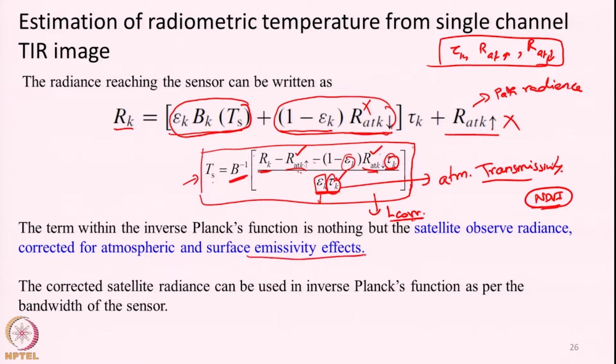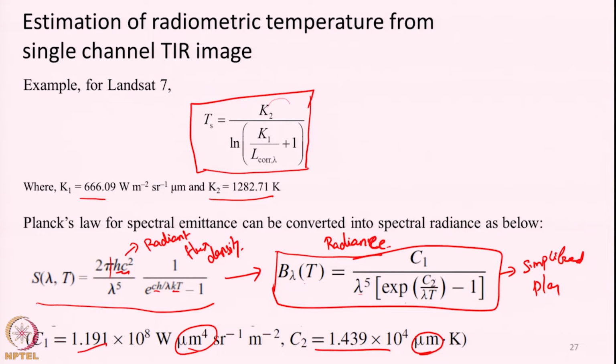If we correct the satellite observed radiance and substitute in this simplified Planck's function, and this is specific for Landsat sensor, these constants K1 and K2 will vary from sensor to sensor. So, this equation is specifically for the Landsat satellite with the corresponding K values for Landsat 7. Similarly, for other satellites such as Landsat 5 or Landsat 8, we have corresponding equations.